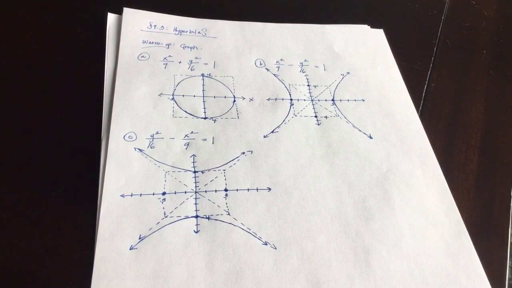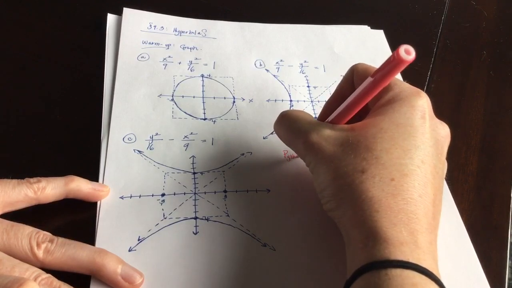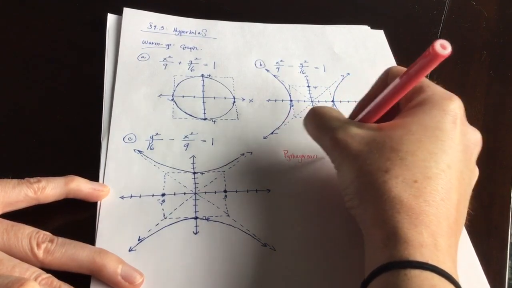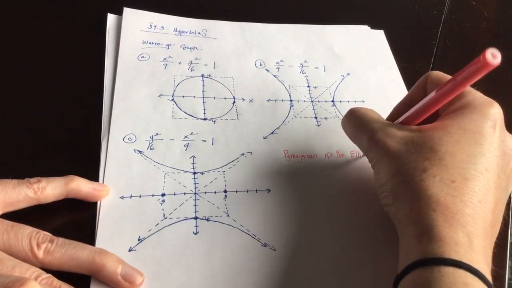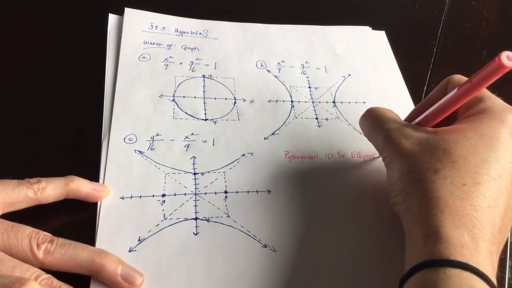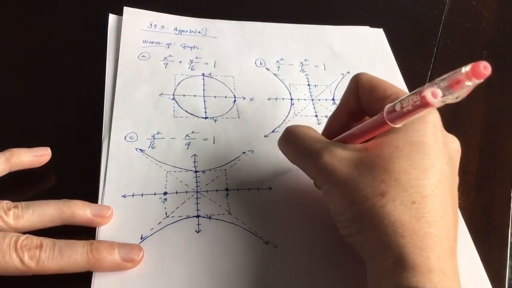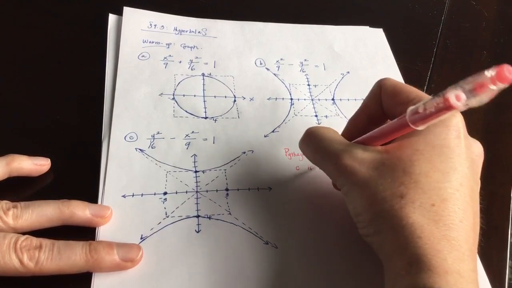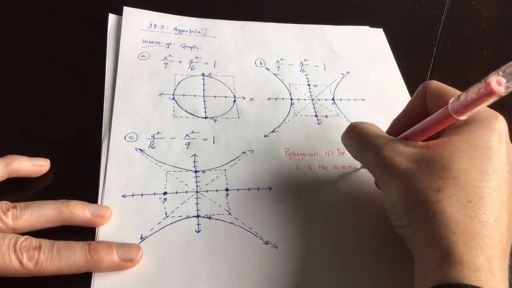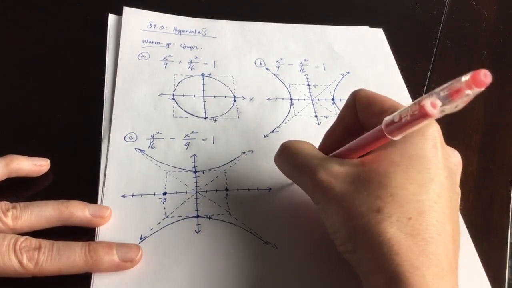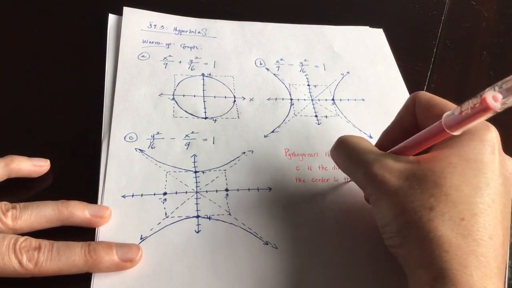Also, just briefly, you will have a Pythagorean identity for hyperbolas. Here, worth noting, the letter c is still the distance between the center and the focus.